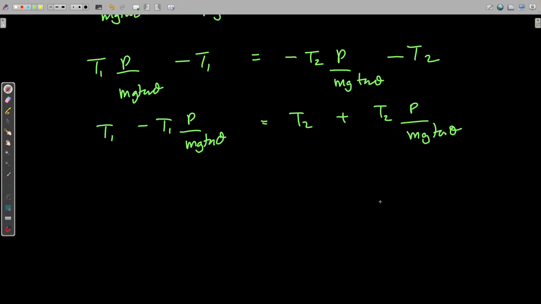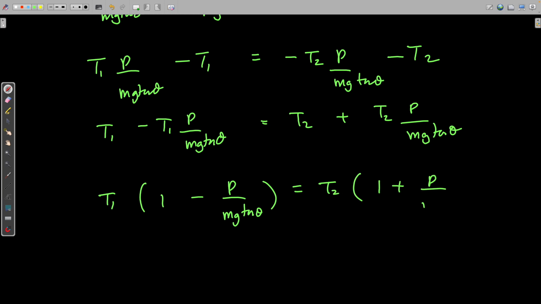Okay, and now we've got T1, T2, we can factorize them. So T1 times 1 minus P over mg tan theta equals T2 times 1 plus P over mg tan theta.